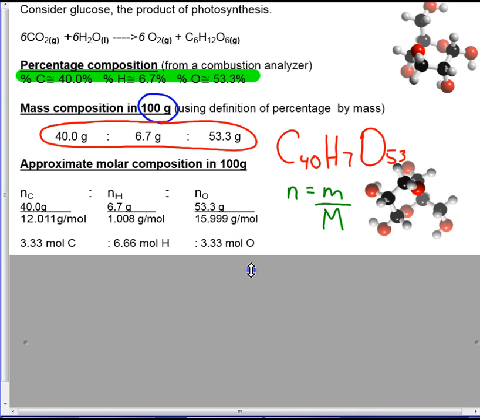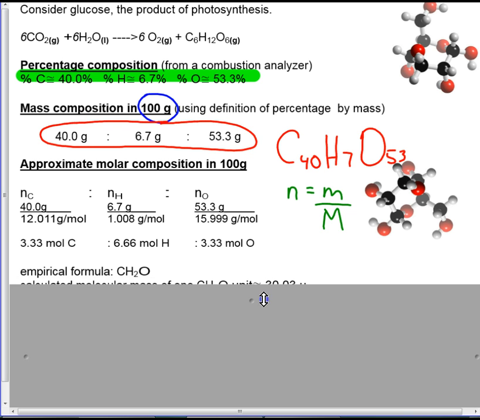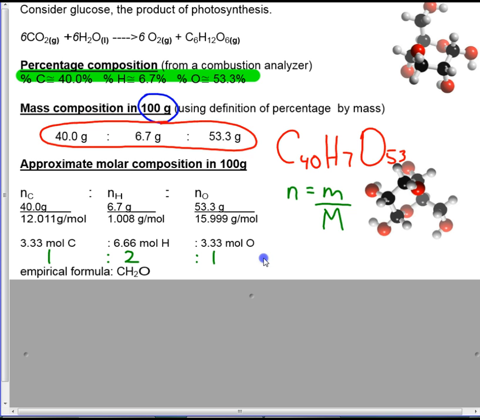Now as a ratio, that wouldn't be convenient to leave in that form, but as a lowest ratio, we could say that the empirical formula for that compound going to lowest terms would be 1 to 2 to 1.